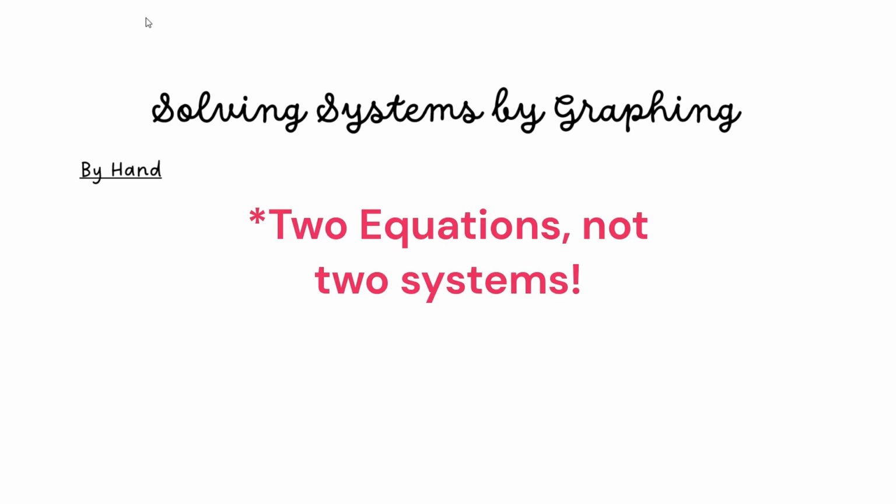Mostly, when we talk about solving systems by graphing, we are talking about a calculator method. But a lot of times instructors will have you prove that you can do it by graphing. So there may be a test question where it just says graph the two systems on the same coordinate plane and solve.